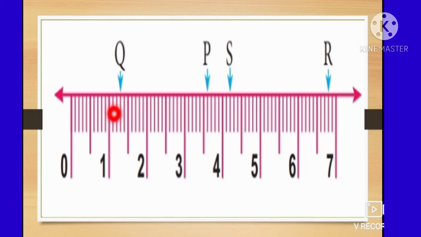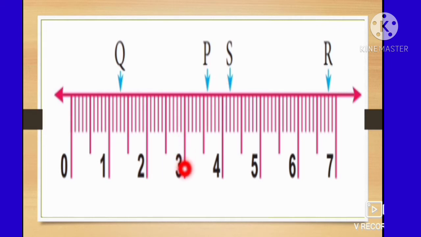So it lies on the third part between 1 and 2. That is, after 1 it is 1.1, 1.2, 1.3. So Q is 1.3. So the point Q represents the decimal number 1.3.